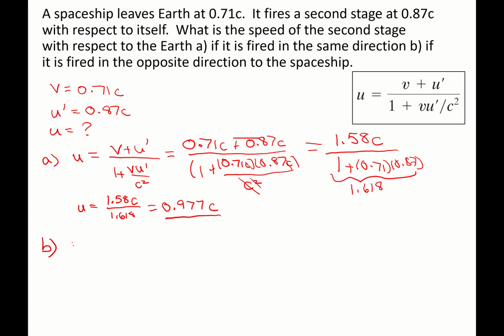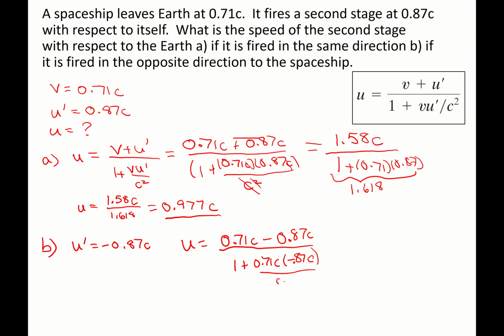All right, what if we fire it in the opposite direction? So u prime is minus 0.87 c. So now u is going to be 0.71 c minus 0.87 c over 1 plus 0.71 c times negative 0.87 c over c squared. Okay, so again, the c's in the denominator are going to cancel out.